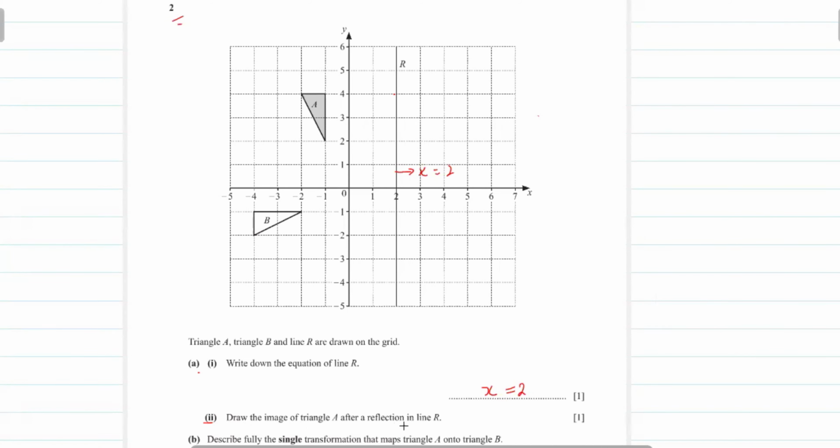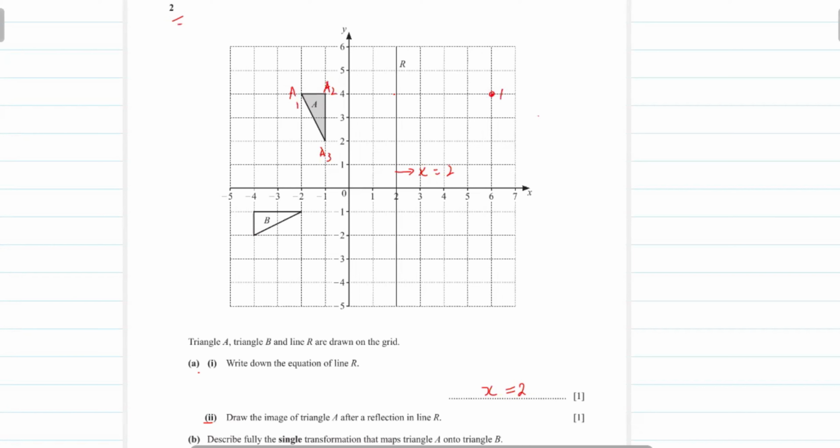Second, draw the image of triangle A after reflection in line R. You see here this is the triangle A and we name the object points of triangle A as A1, A2 and A3. Now we mark the image points after reflection in line R. The object point 1 is 4 units away from R. Therefore, the image point will also be 4 units away: 1, 2, 3, 4.